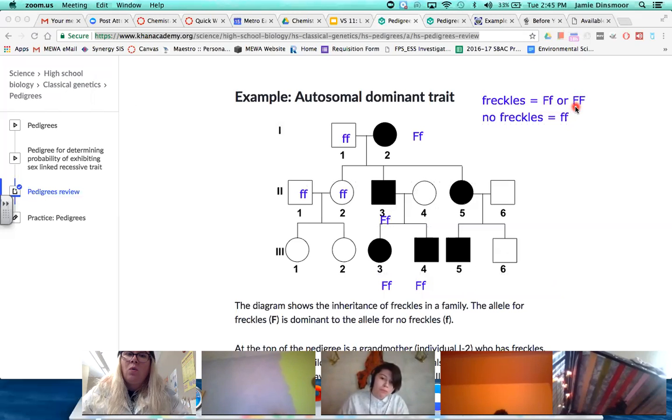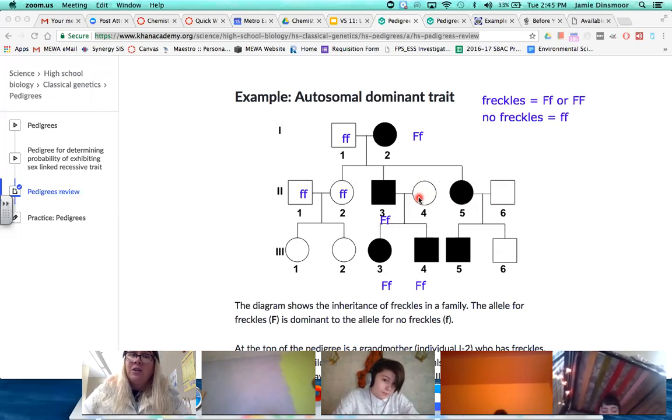Why do you guys think we wouldn't be able to tell? Like, what would be a situation you think where we're not sure? That's kind of a hard question, so I will help. Yeah, maybe if they're adopted, that's one thing, right? If we don't know their genetic history, or if they're marrying into the family, right?